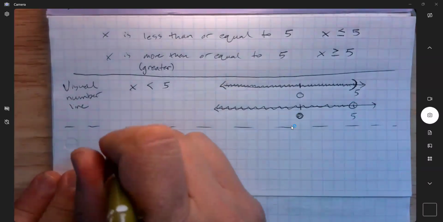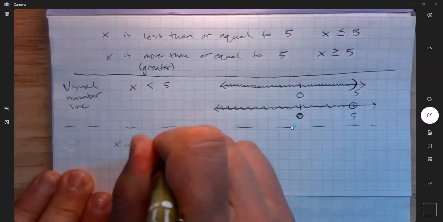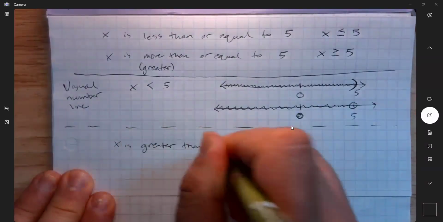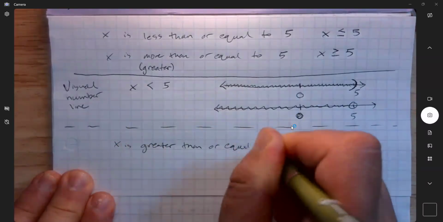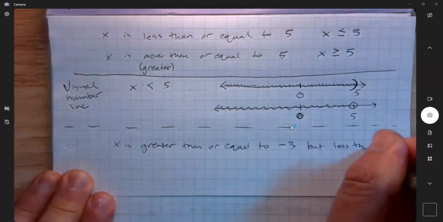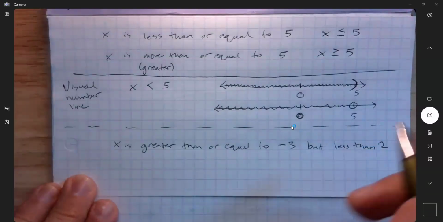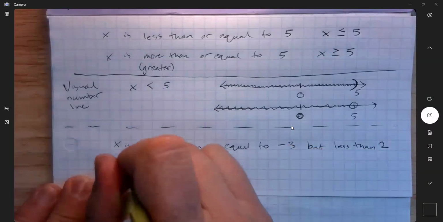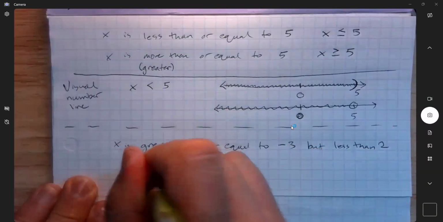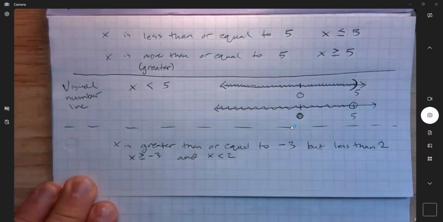For example, I could say that x is greater than or equal to -3, but less than 2. So I could say, well, x is greater than or equal to -3, and x is less than 2.